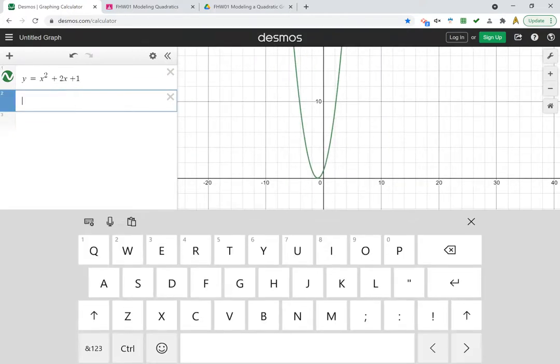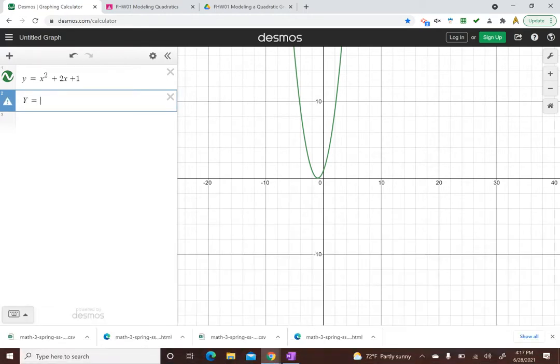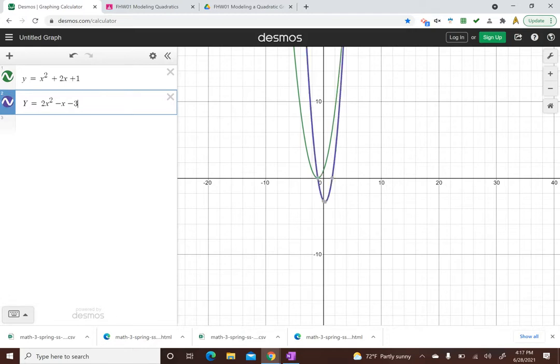And then for the next equation, y equals 2x squared minus x minus 3. And it looks the way I would expect it to look.